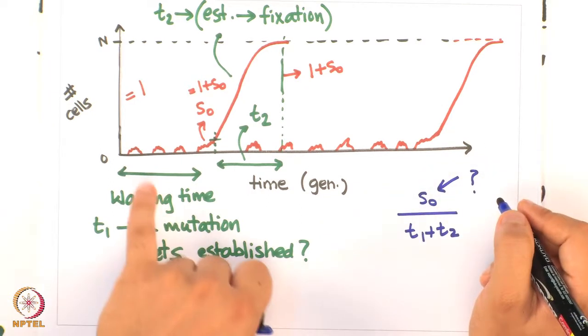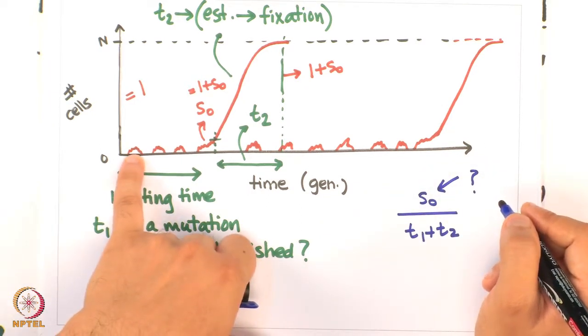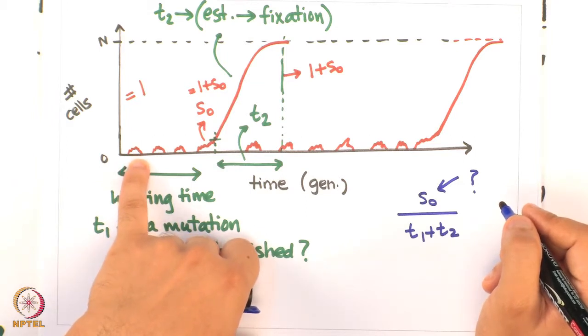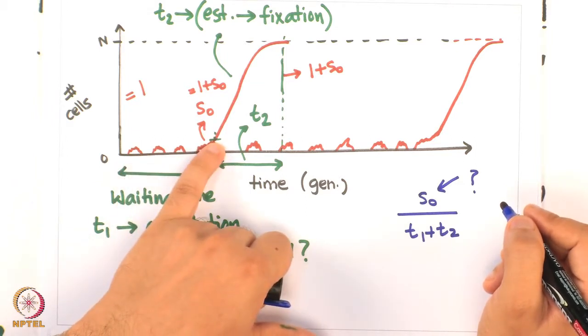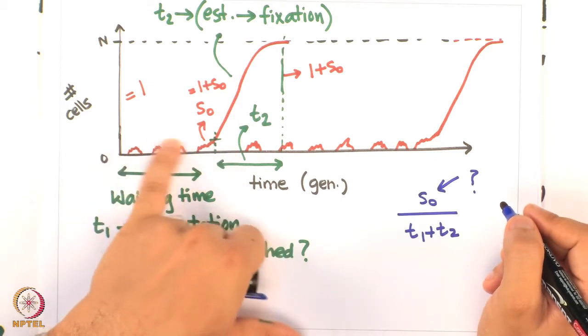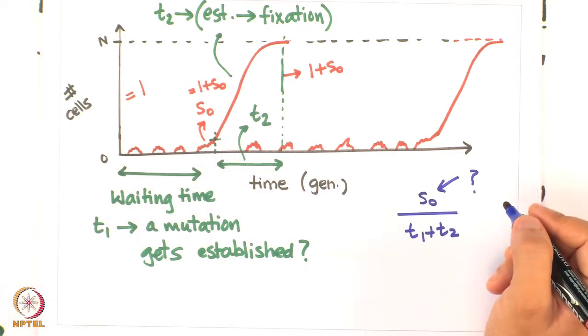More importantly, the probability that any mutation is able to survive drift and establish itself is itself dependent on S, and in fact that probability is equal to S, as we saw a couple of lectures back. So understanding the fitness advantage conferred by a beneficial mutation is extremely important for us to be able to comment on the nature of the dynamics associated with a particular mutation.